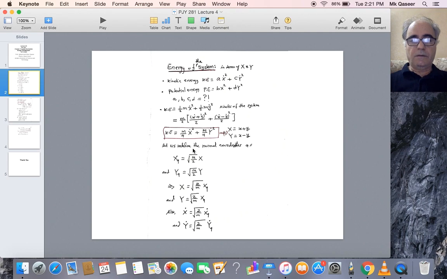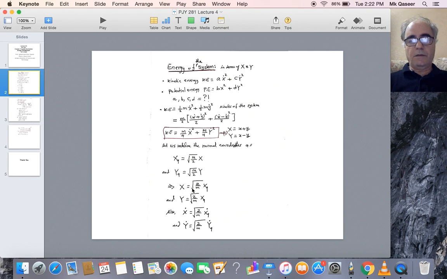Now let's redefine the normal coordinates as X capital sub q equals square root of m over 2 times X capital, and Y capital sub q equals square root of m over 2 times Y capital. Invert these two equations.